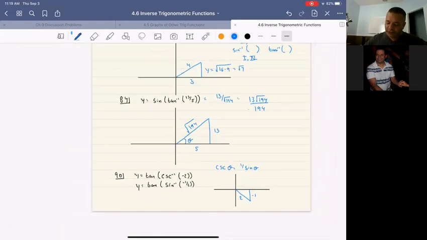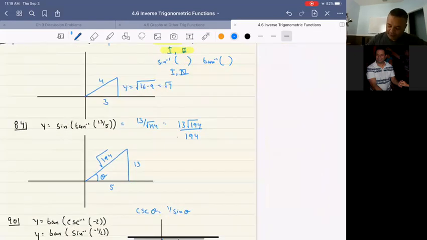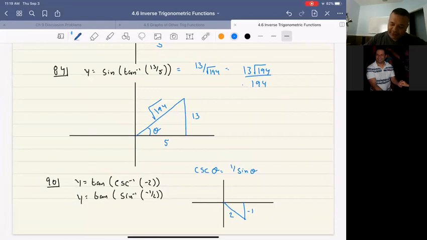Remember the sine inverse: I think about this in the first and fourth quadrants. So negative angles are in the fourth quadrant.